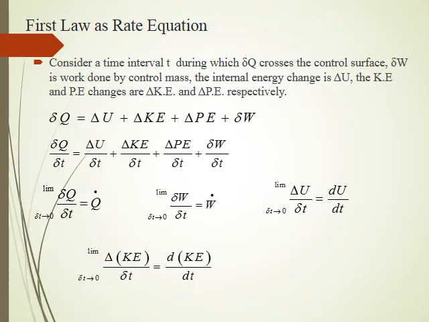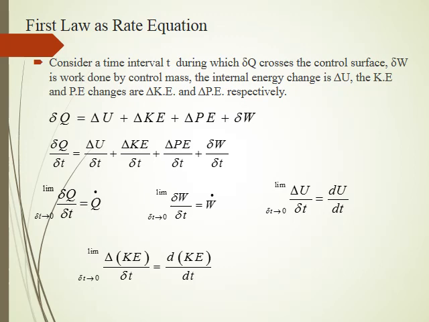Many times one wishes to use the first law in the form of a rate equation, which is expressing either the instantaneous or average rate at which energy crosses the control surface as heat and work, and the rate at which energy of the control mass is varying.